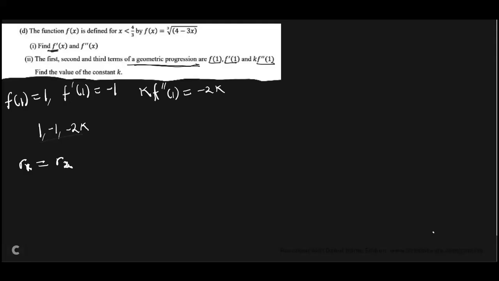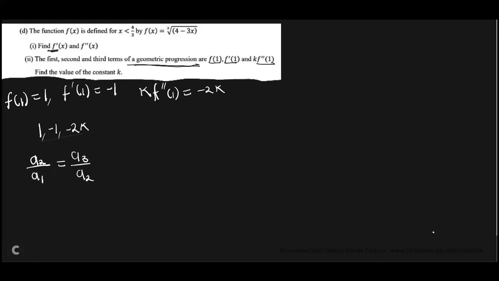So you do like this, say R2 over R1. Here you need to find the common ratio. So meaning that second term over first term is equal to third term over second term.